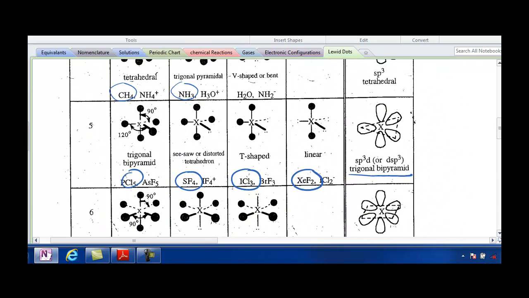So we all counted 5, and the minute we count 5, we think trigonal bipyramid. This is what comes to mind. And if we have 3 lone pairs, my plane is where the lone pairs appear, not up and down, because these are squished, so they're out of there. They're crowded.